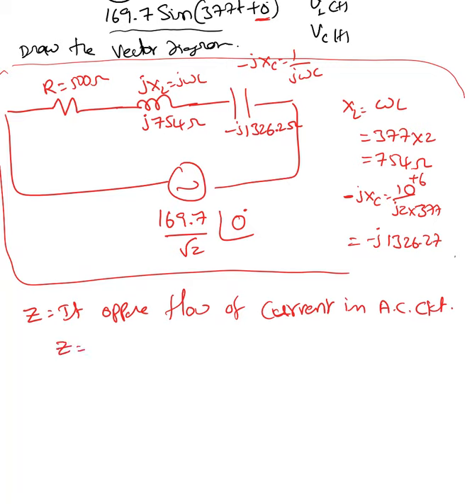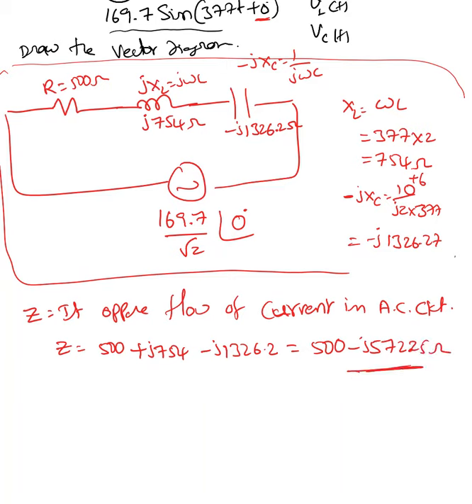So the Z value is 500 plus j 754 minus j 1326.2. Everything is in ohms, so we add them directly. At the end we'll end up with 500 minus j 572.25. That's the impedance.